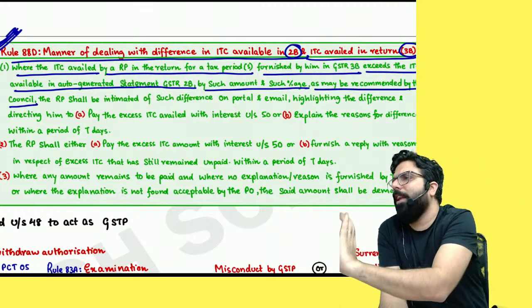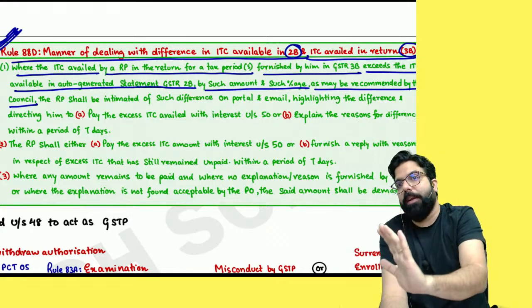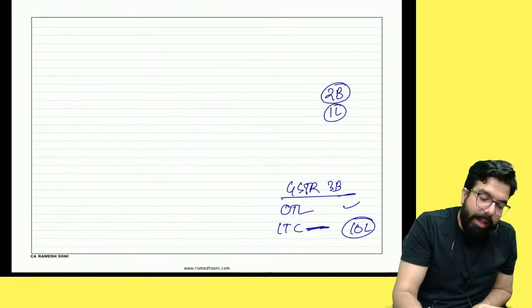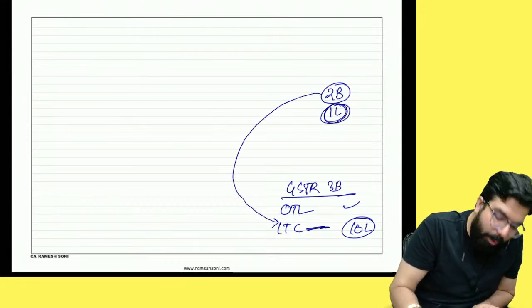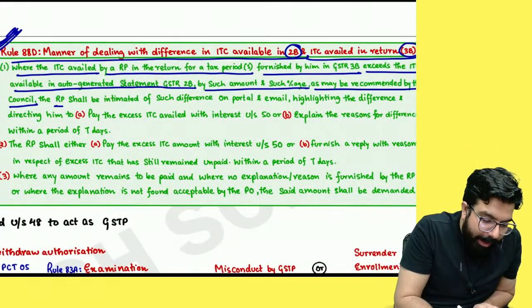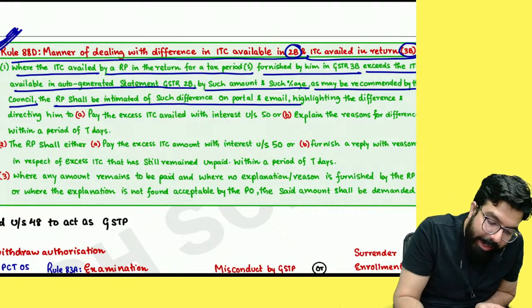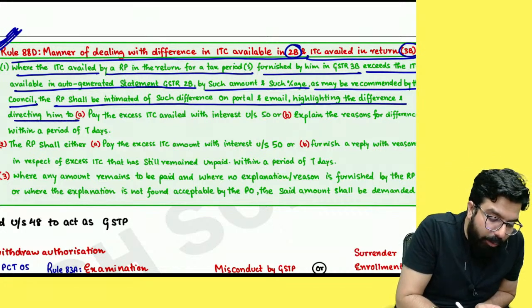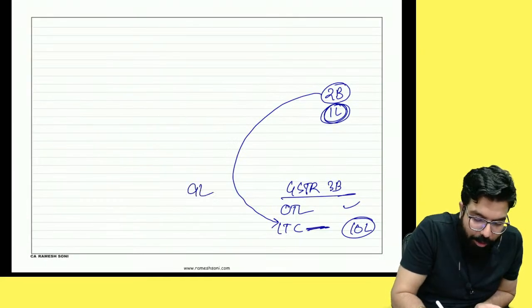As of now, the council has not told how much percentage, then we'll send you a love letter. If in your GSTR 2B a certain credit was coming and in GSTR 3B you are asking for more, the registered person will be intimated of the difference on the portal and mail, highlighting the difference, and he will be directed to pay the excess ITC along with, can you tell me how much you have to pay?